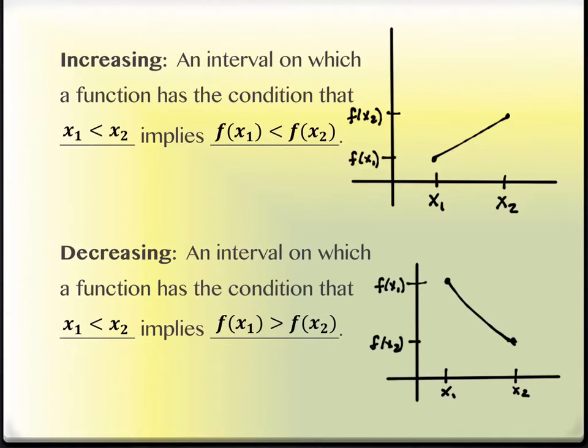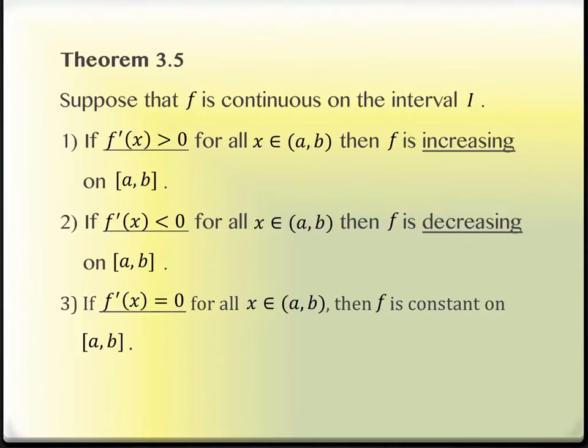All right, so we have a connection between increasing and decreasing graphs in the derivative, and that's what this next theorem is about. It tells us that suppose we have a continuous function on an interval. So if it's continuous, we can actually then talk about derivatives. If the derivative is positive, then we can say that the graph is increasing.